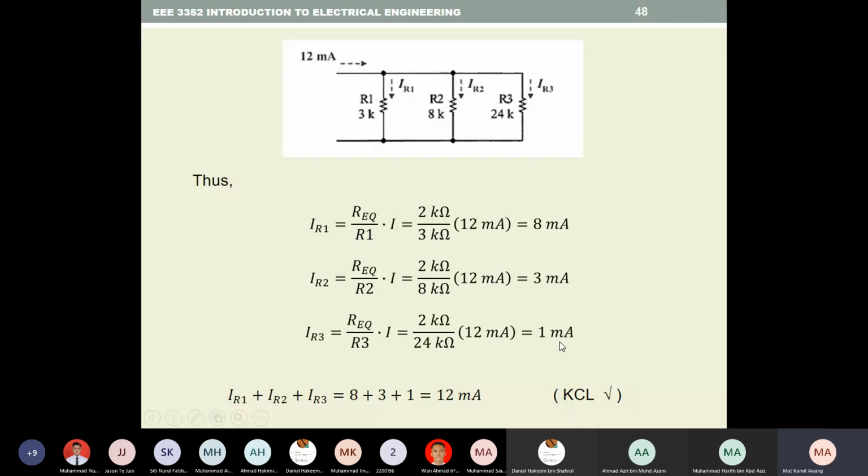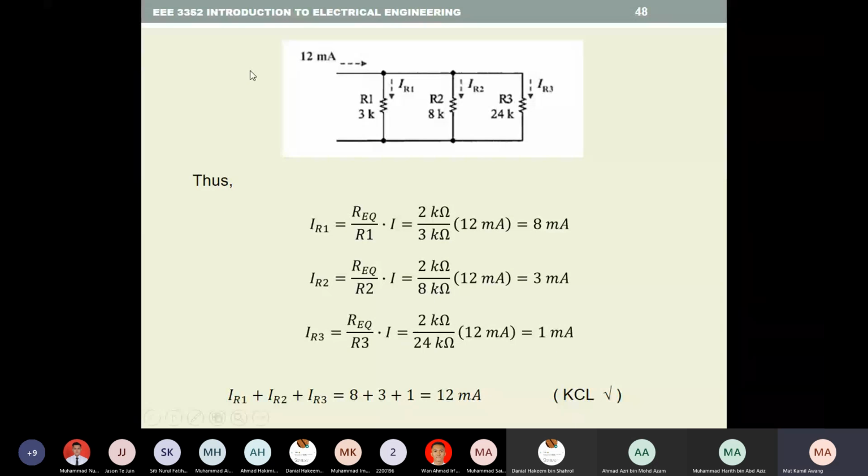If you want to check whether your answer is correct or not, you go back to Kirchhoff's current law. What does it say? It says that the summation of the currents flowing into a node is equal to the summation of the currents flowing out of the node.